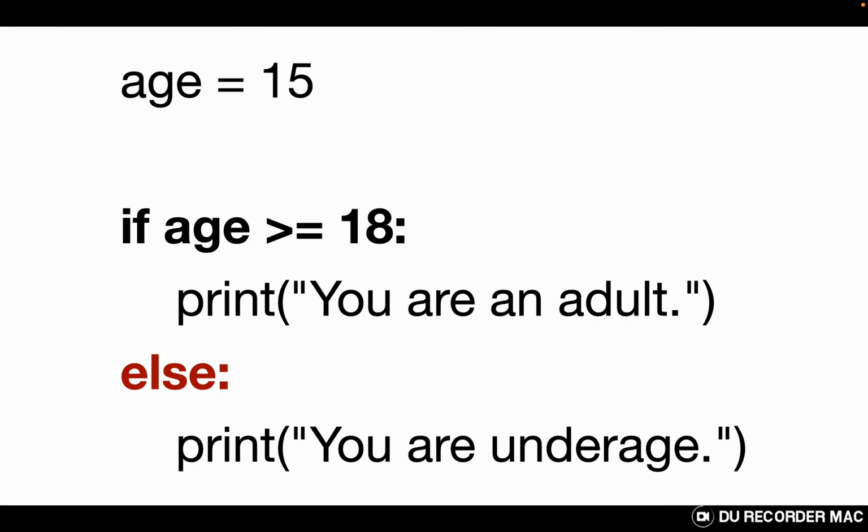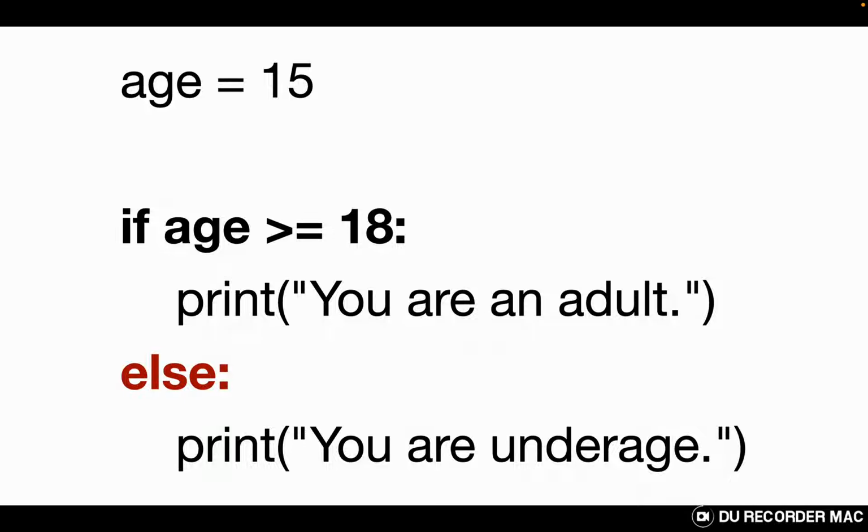Sometimes in programming, you don't just want to do something when a condition is true. You also want to handle the case when it's not true. This is exactly where the else statement comes in, as you can see on this screen. When you use else alongside if, you're telling Python: if the condition is true, do the first set of steps.